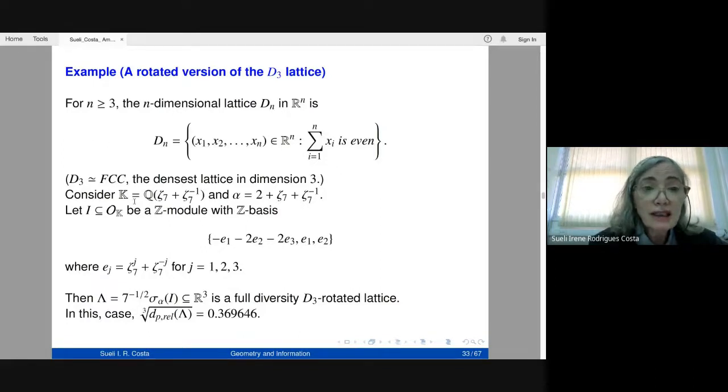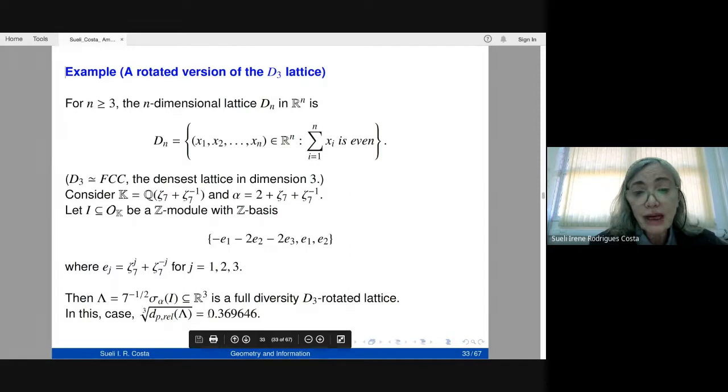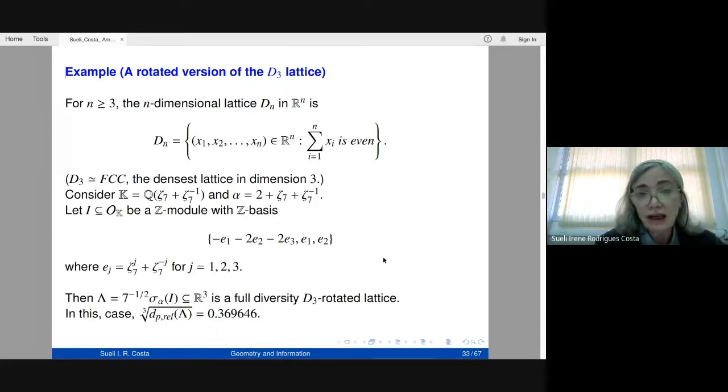If you consider this extension of the rational numbers, with this alpha, we can consider the embedding and construct the D_n lattice in a rotated version. And this rotated version will provide the best possible product distance, the greatest product distance from that D_n lattice, right? The D_3 lattice.